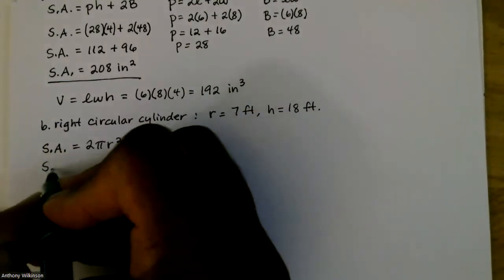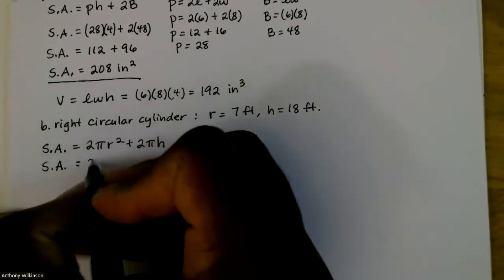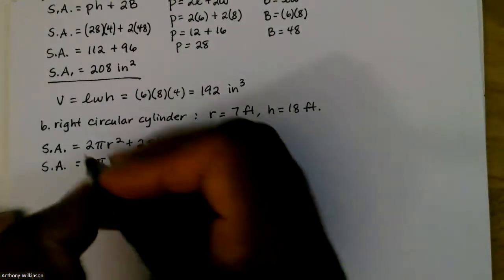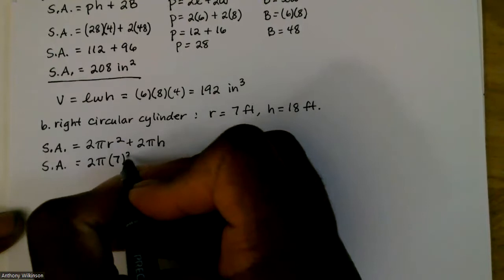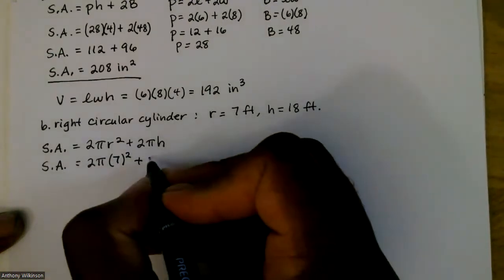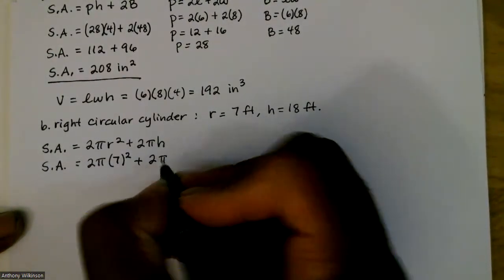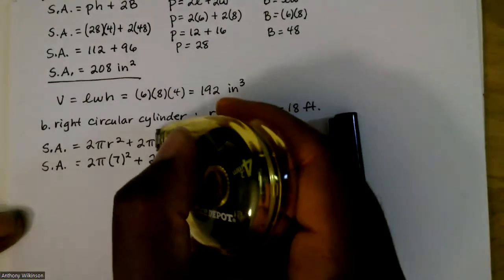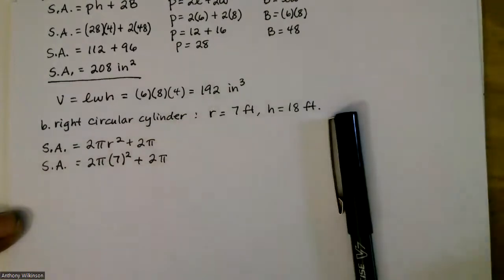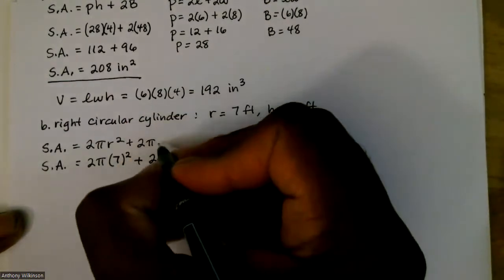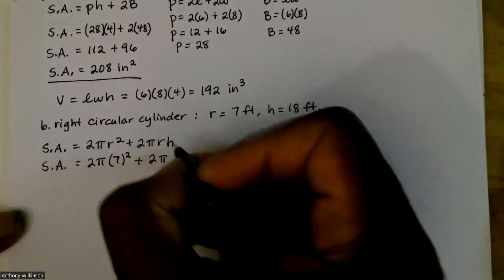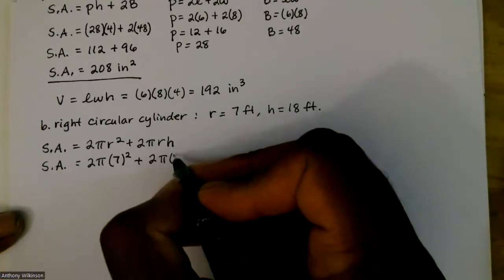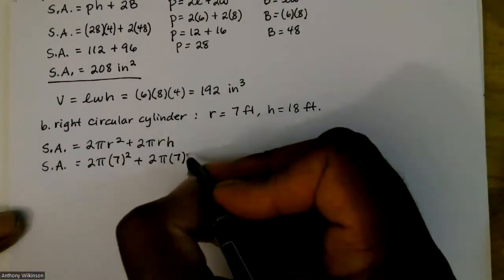So here, if we find the surface area, that would be 2 pi times the radius, which was 7. And that 7 has to be squared because it's the square of the radius, plus 2 pi rh. I left off the r in that formula. Just 2 pi rh. And r is 7, and the height is 18.